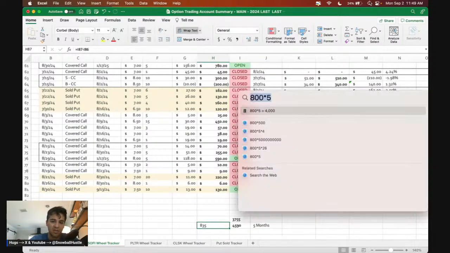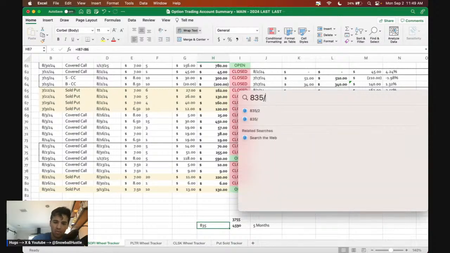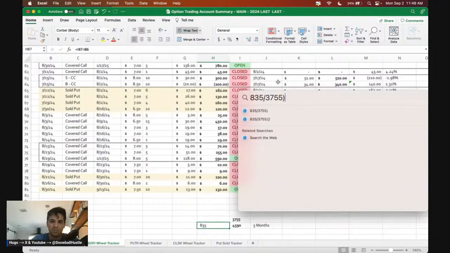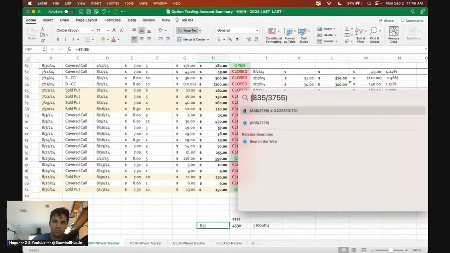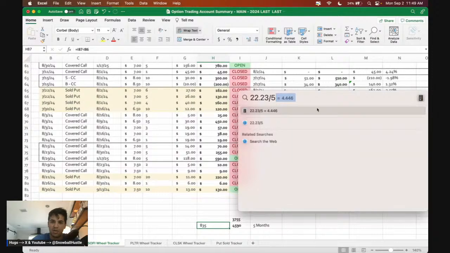So I'm taking 835 and I'm dividing it by the 3,755 because that's kind of my original cash basis, if you will. And that is 22% return. So 22% return for the 5 months is an equivalent of 4.5% a month.